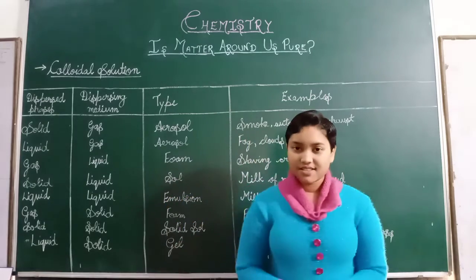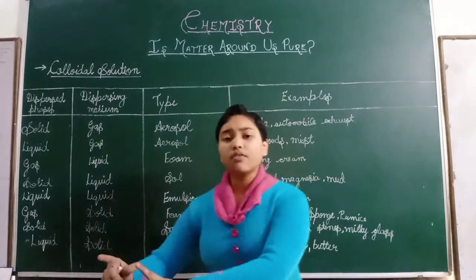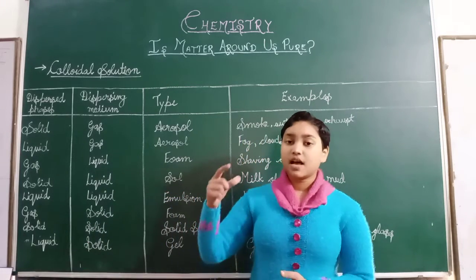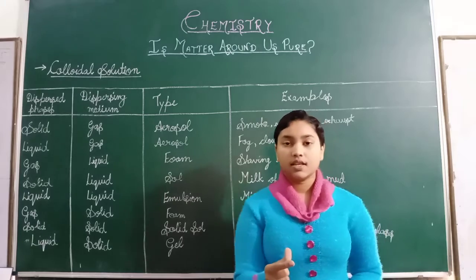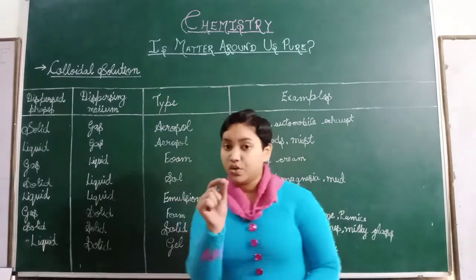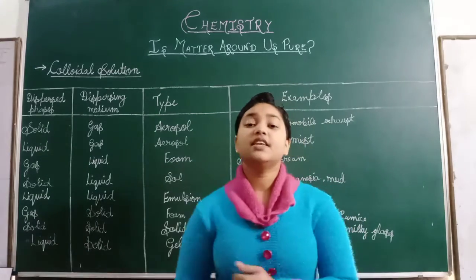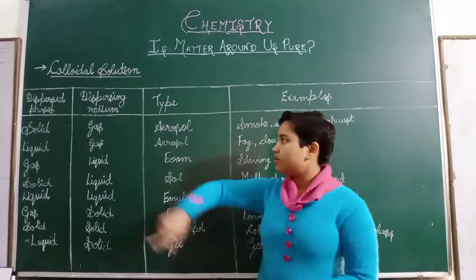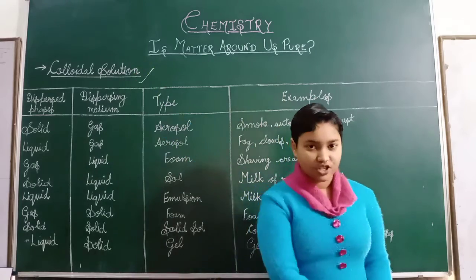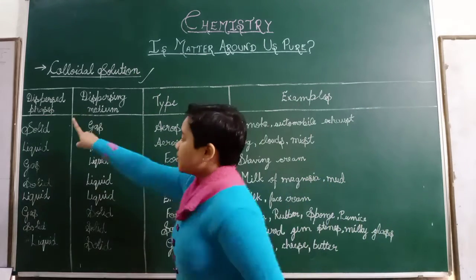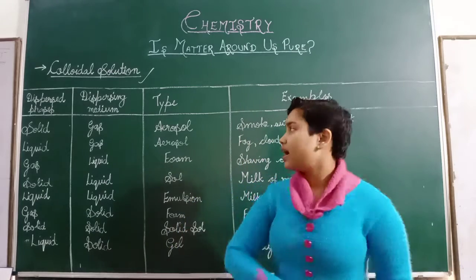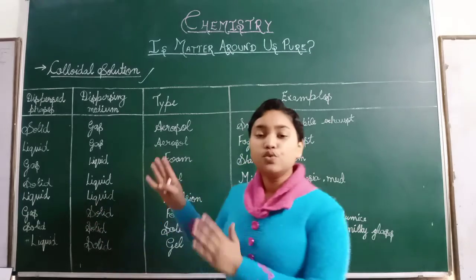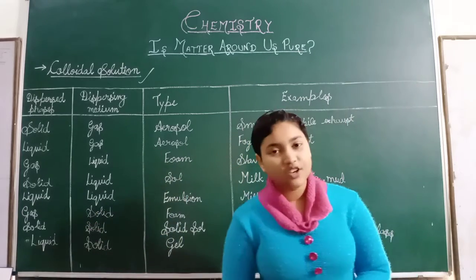The dispersed phase is very minute, very small, and can only be seen through a microscope. If such particles are present, it is called a colloidal solution. What is the dispersed phase, and what is the dispersed medium? These are the two important components of a colloidal solution.